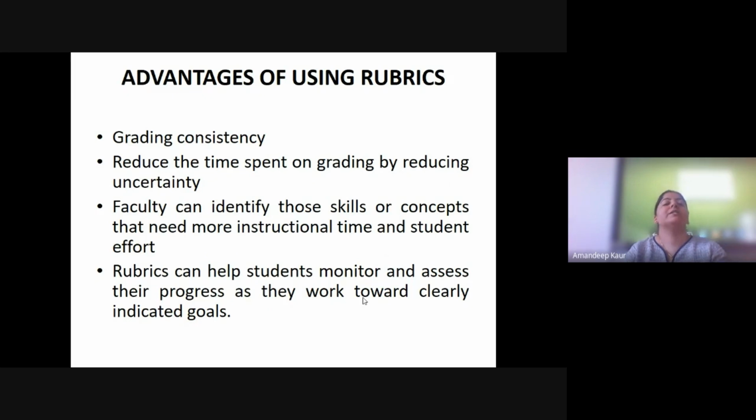So when we are designing rubric tools and using these rubric tools for classroom assessment purposes and even for internal evaluation purposes, it provides us great consistency.